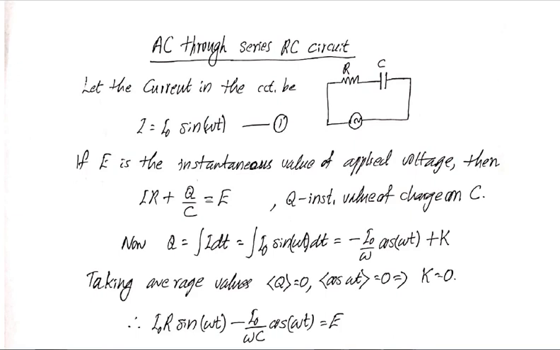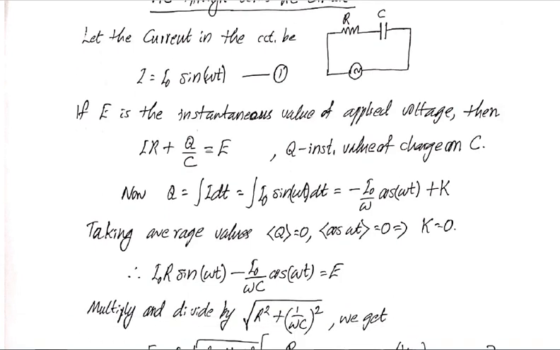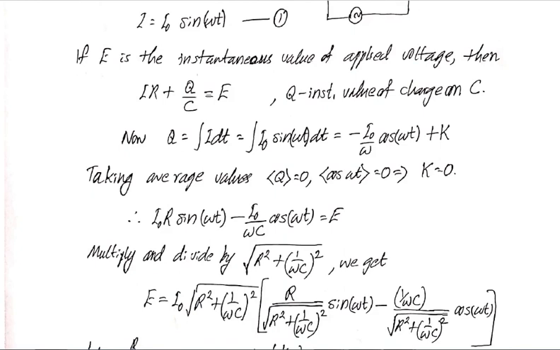So minus I0 by omega C cos omega t is equal to E. Now multiplying and dividing by root of R square plus 1 by omega C whole square, we get E equals I0 into root of R square plus 1 by omega C whole square, into R by root of R square plus 1 by omega C whole square sin omega t, minus 1 by omega C divided by root of R square plus 1 by omega C whole square into cos omega t. I0 is a common factor, so it can be taken out.